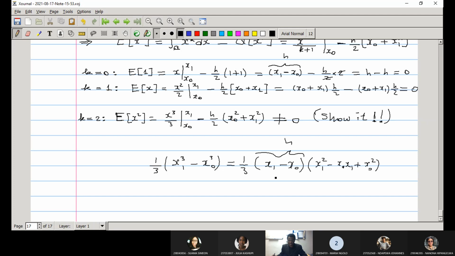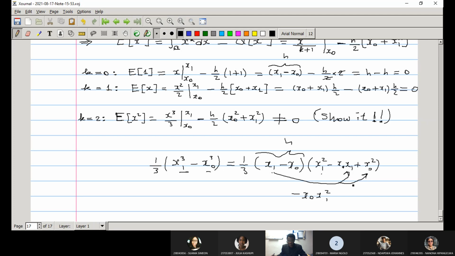Something like this. Obviously, if you expand this times that, it will give you this term. This times that, the last one, will give you this term, right? And then you have the inner product there, because we already multiplied the first one by this one. You still need to multiply this and that. So the remaining terms will be negative x0 x1 squared when I multiply this by that.